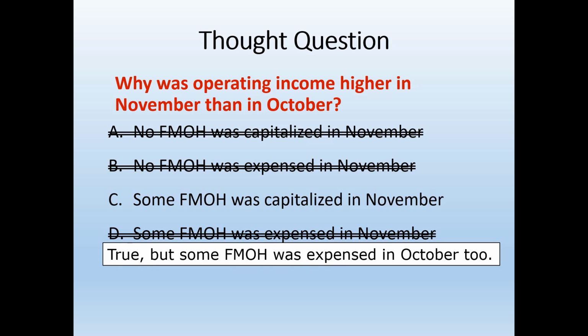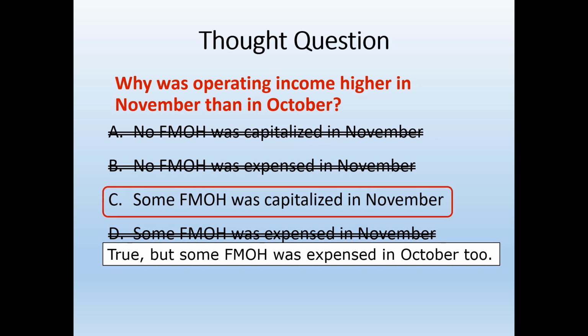Answer D is a true statement. Some fixed manufacturing overhead was expensed in November, but some fixed overhead was also expensed in October, so that doesn't explain the difference.